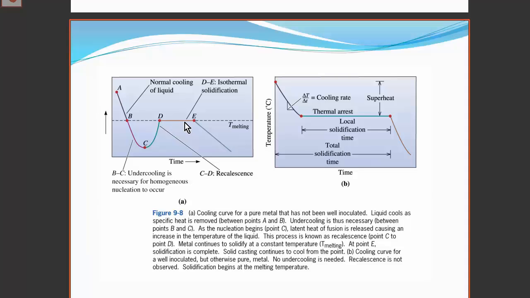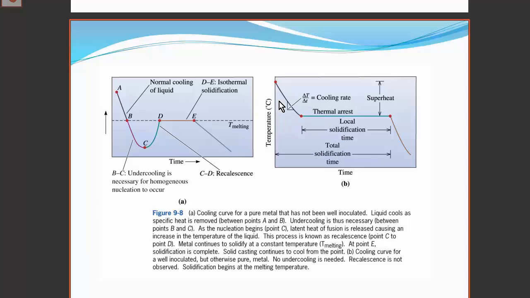Then the graph plateaus, because the heat released from the solidifying liquid is equal to the rate at which heat is being lost from the liquid and the solidifying material itself, or being lost from the mold. The plateau continues until all the liquid solidifies, at which point the heat being lost by the mold to the environment is not being replaced from the latent heat being released.